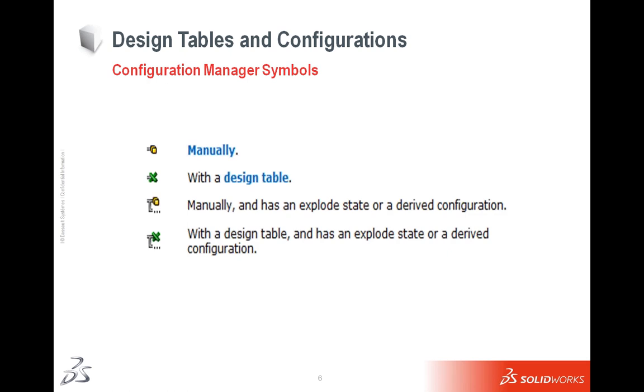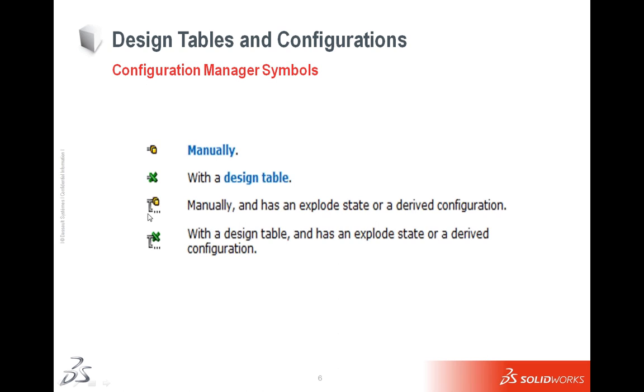Now, it's also important when we're dealing with design tables and configurations to understand what the software is telling us as to how the configurations have been created. If you see this symbol, which is just a traditional yellow block, that means it was created manually using one of the first two methods I'm going to show today. If you've used the Excel table, you'll see the Excel icon.